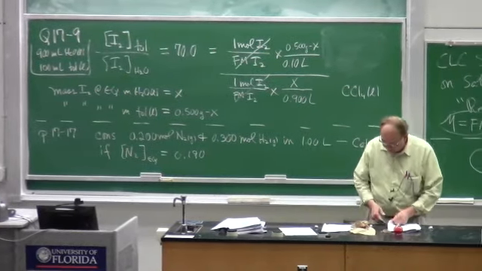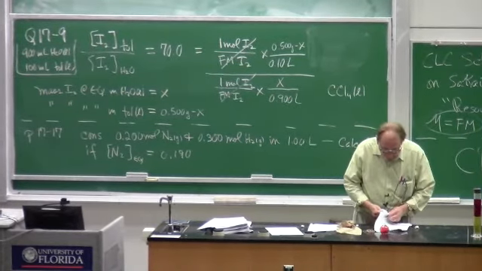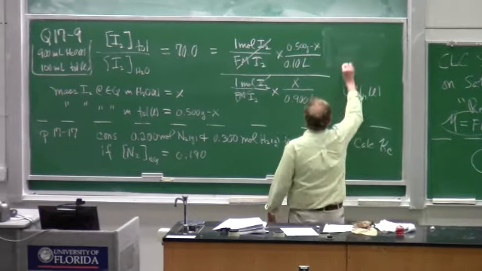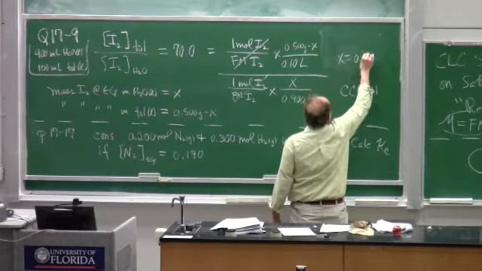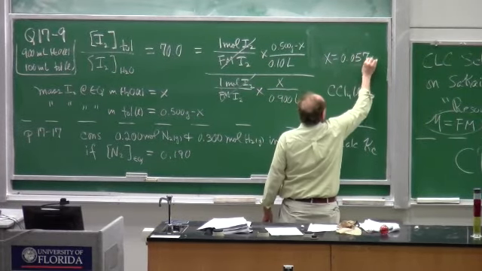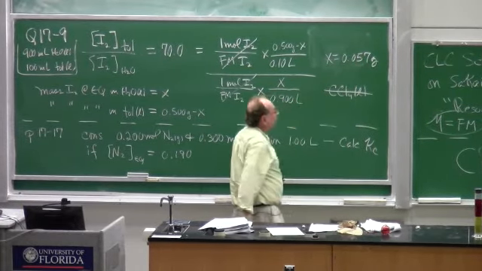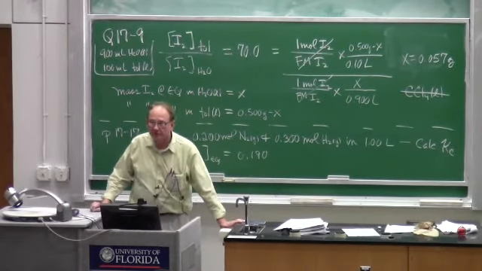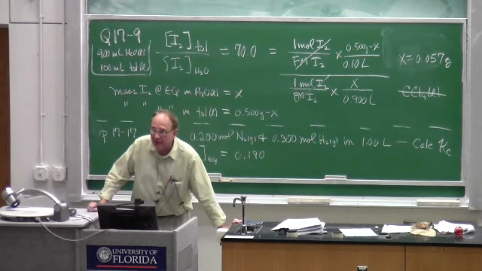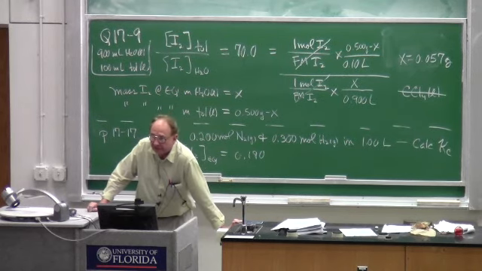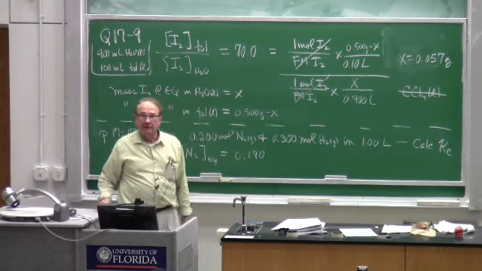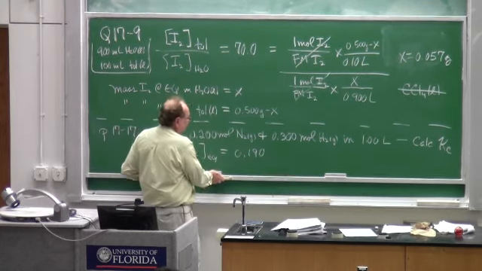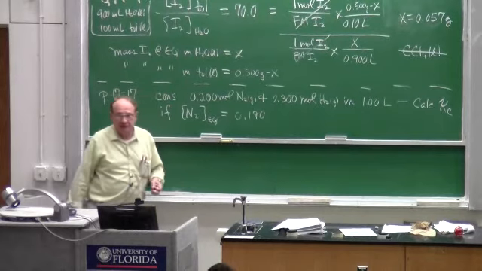If you solve it correctly, you should get 0.057 grams. And of course, 0.500 grams less 0.057 grams gives the mass of I2 that's dissolved in toluene. Now we proceed.